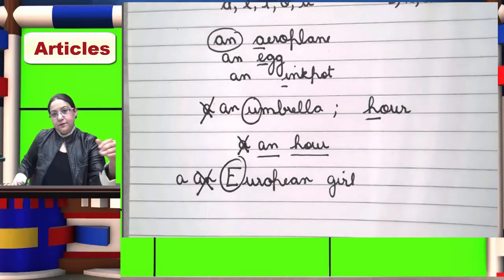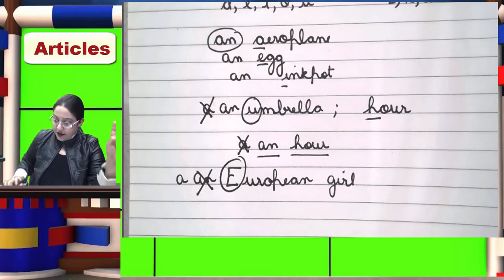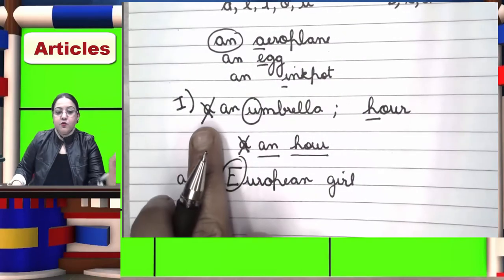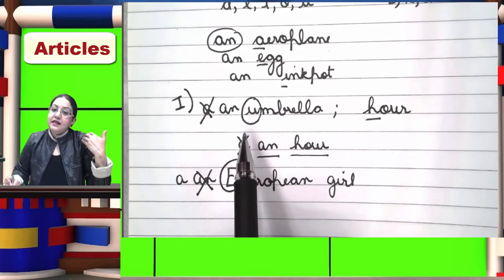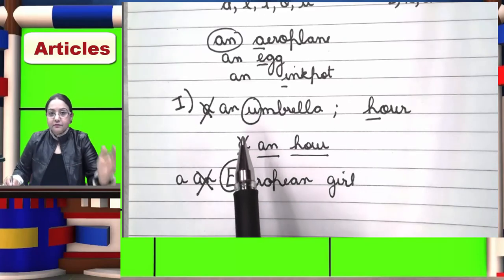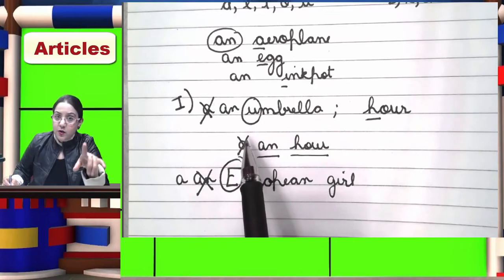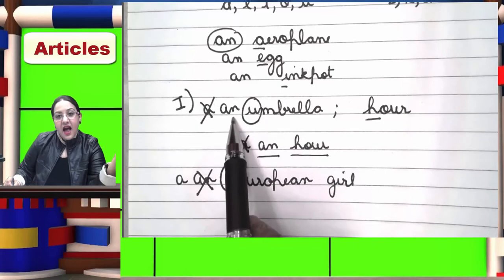I have discussed two exceptions here when I'm talking about vowels. The first exception was when my word is starting with a consonant, but I am getting the sound of a vowel, the sound of a swar. The word is not starting with the vowel, but I'm getting the sound here. So I'm using an here.